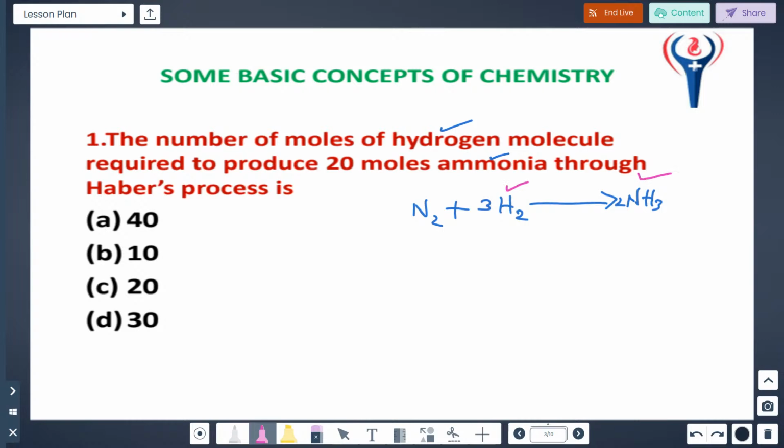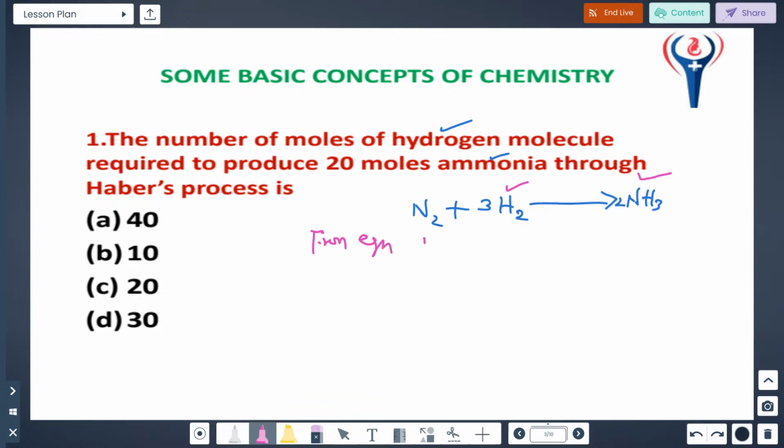So here you know the number of moles of hydrogen molecule required to produce 20 moles of ammonia. See here, from the equation, what information are we getting?